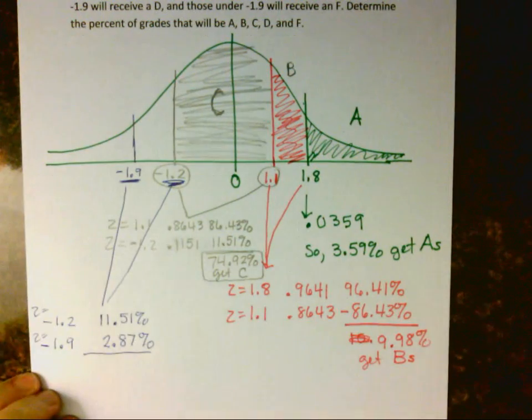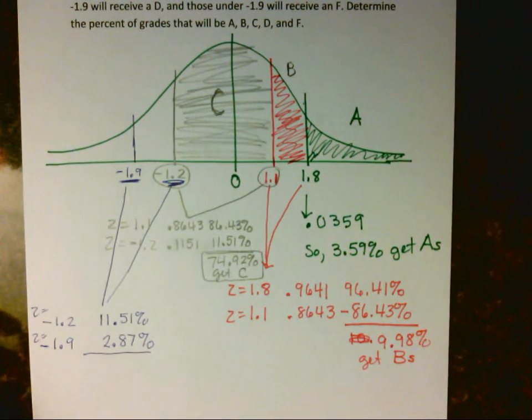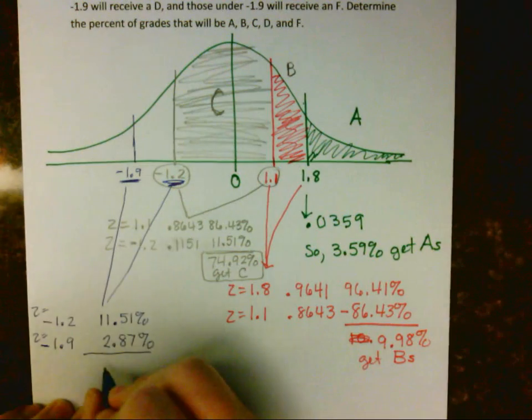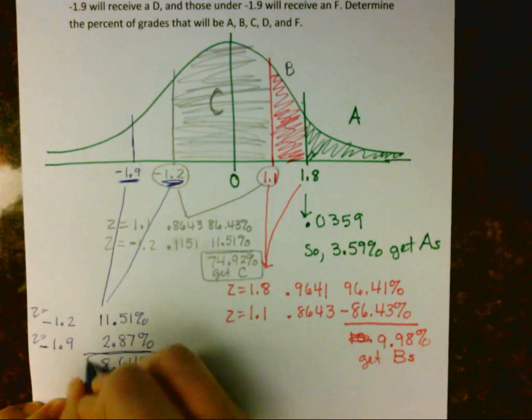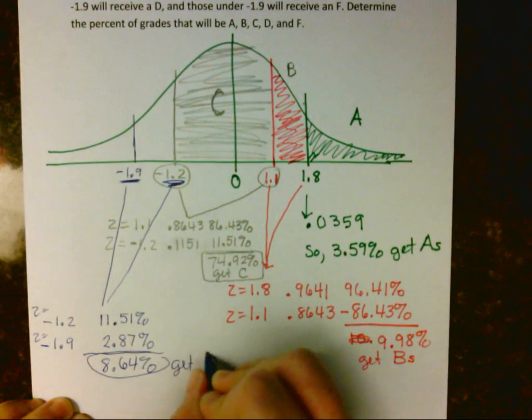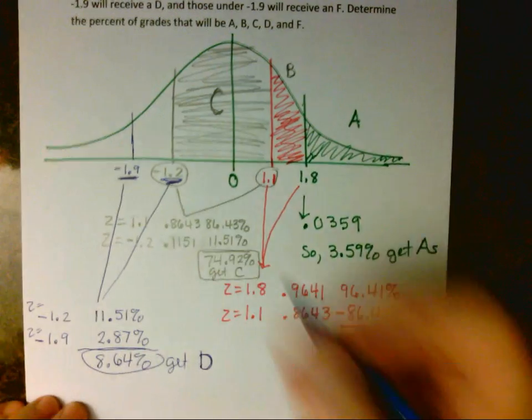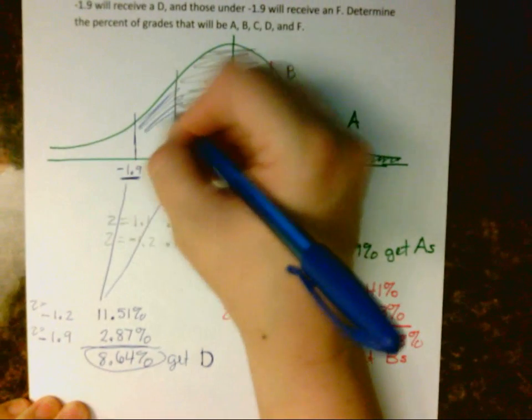And I'm going to subtract this. 11.51 minus 2.87 gives us 8.64%. Get D's. Okay. So I should probably have colored that blue because I worked it with a blue pen down there.